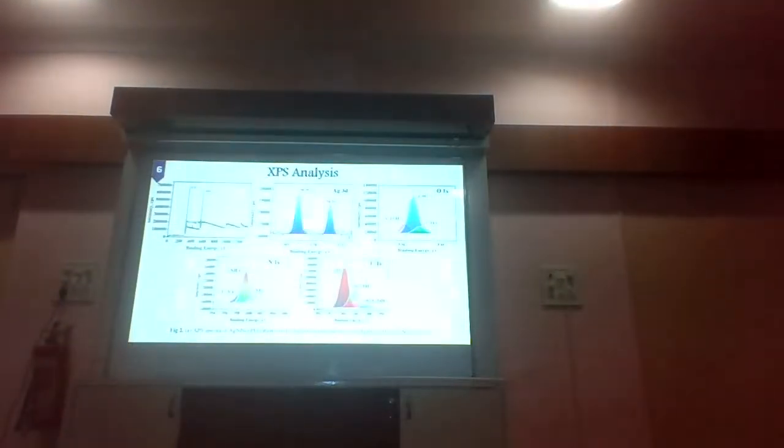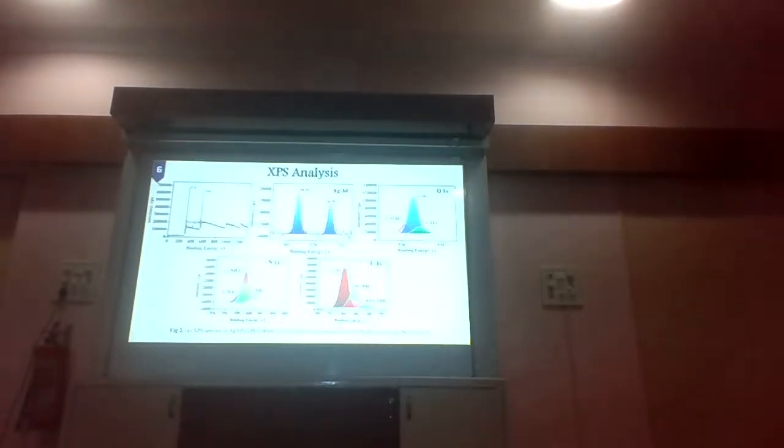Now we took the XPS spectra of the nanocomposite after addition of tryptophan. It is reported that the aromatic ring in tryptophan shows a binding energy peak in the C1s spectra around 291.3 electron volt. But here, after addition of tryptophan, no such peak is observed around 290 or 291 electron volt.